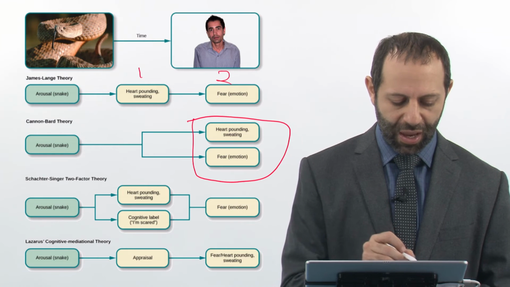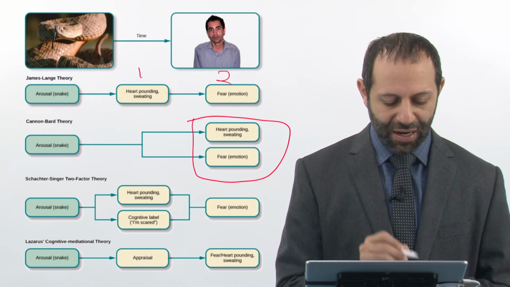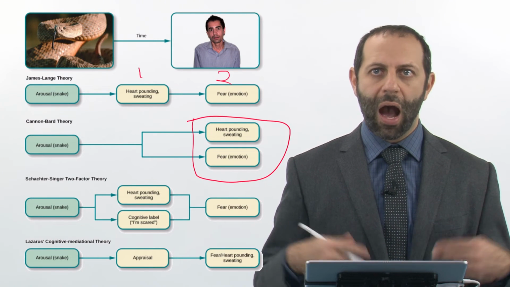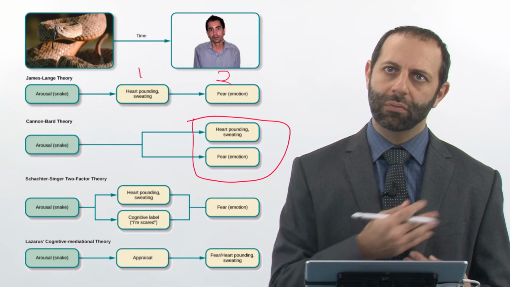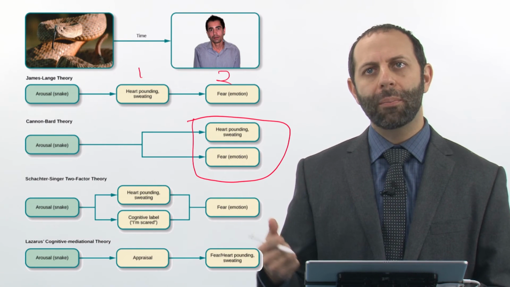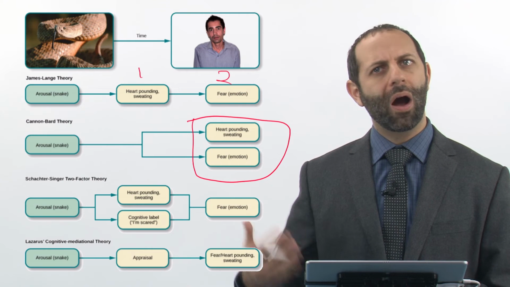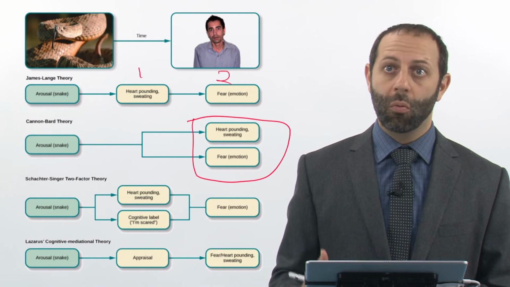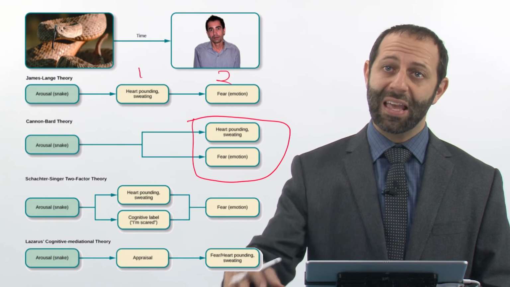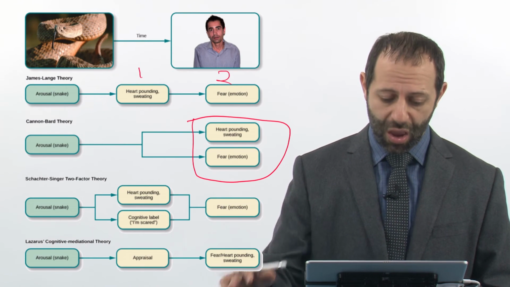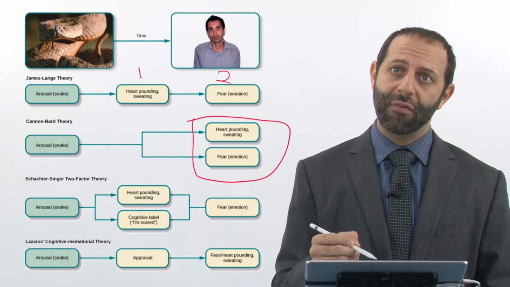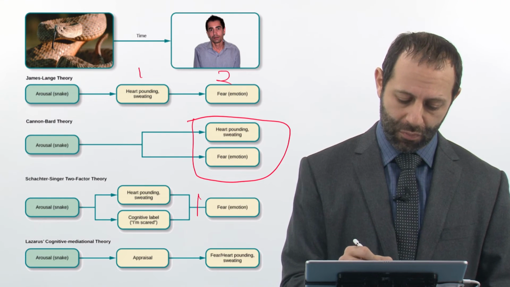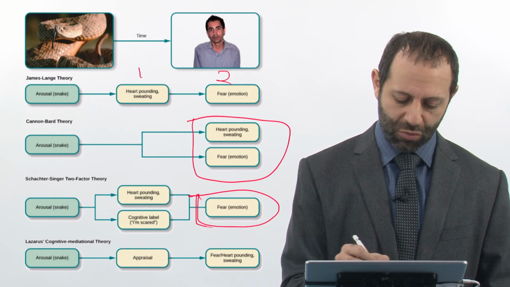So what Schachter and Singer would say is that I see the snake. I begin to have my heart pounding. And at that point, my mind has to assess, why is my heart pounding? What is causing my heart to pound? Well, if I appraise that there's a snake in front of me and that's dangerous, I'm now going to have a conclusion of fear. And that's when my emotion is going to register.